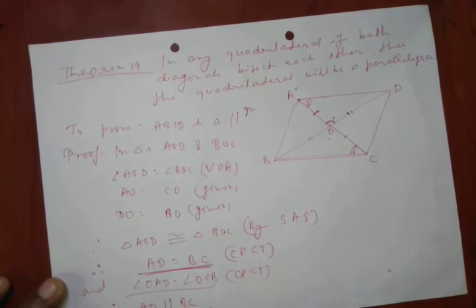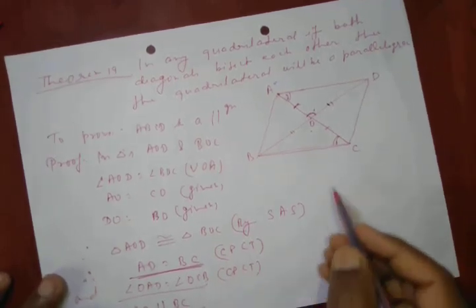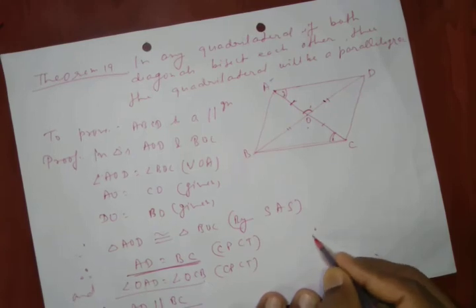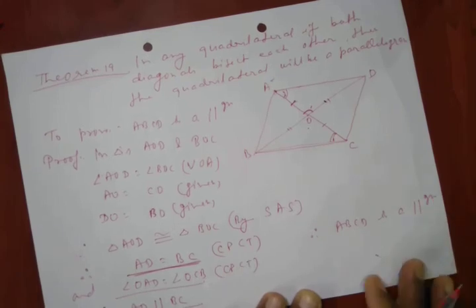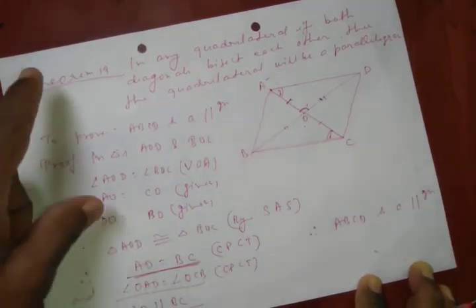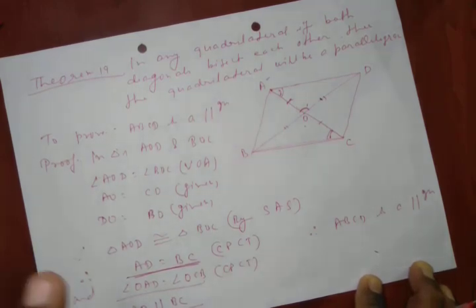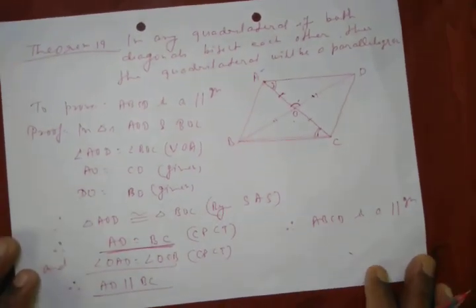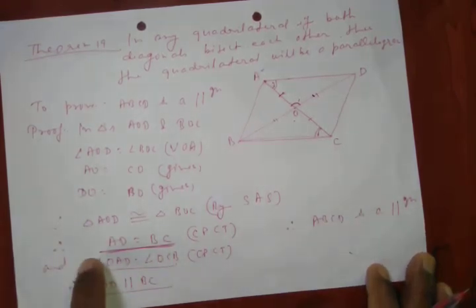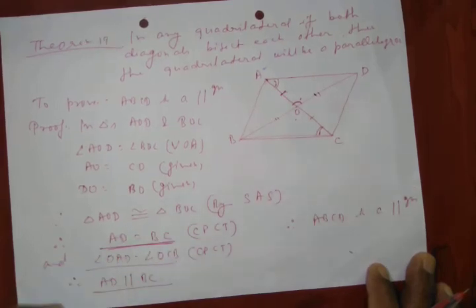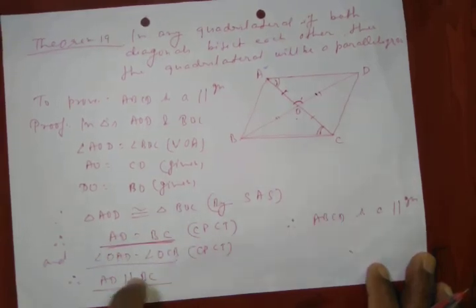So by proving this we can say that ABCD is a parallelogram, because I discussed in the previous theorem 18 that if in any quadrilateral one pair of opposite sides are equal and parallel, then it is a parallelogram. So here we used that theorem to prove this theorem. So this ABCD is a parallelogram.